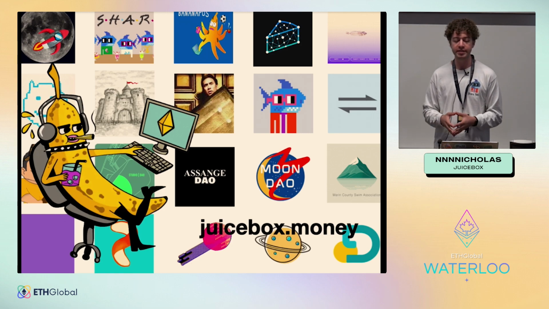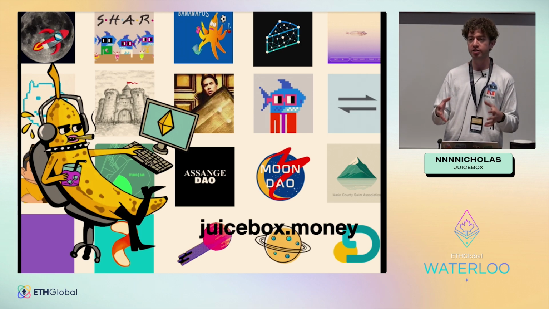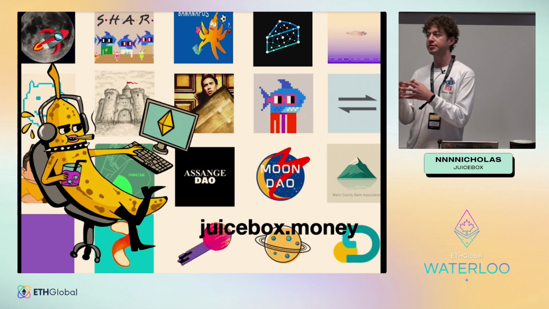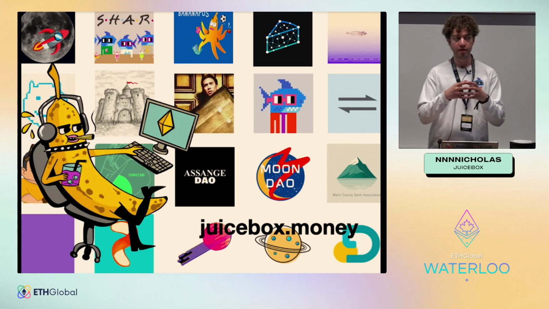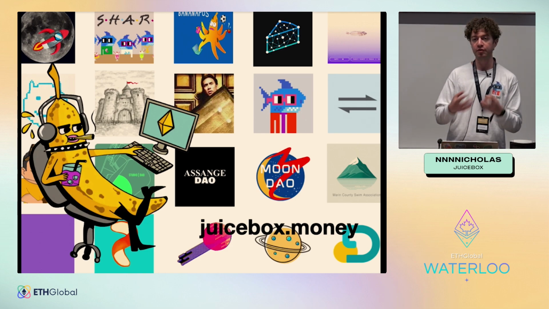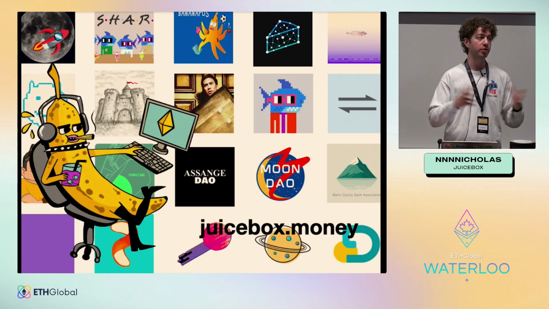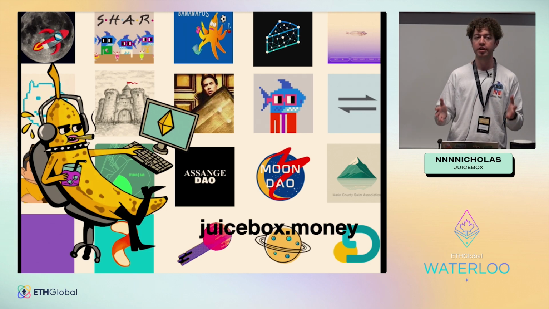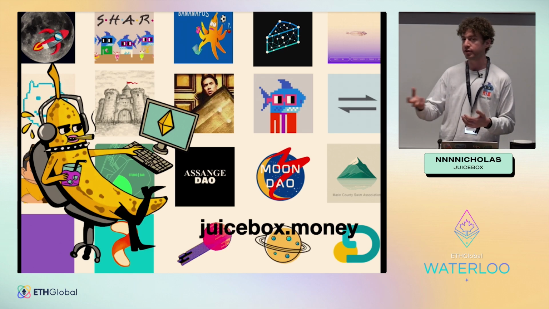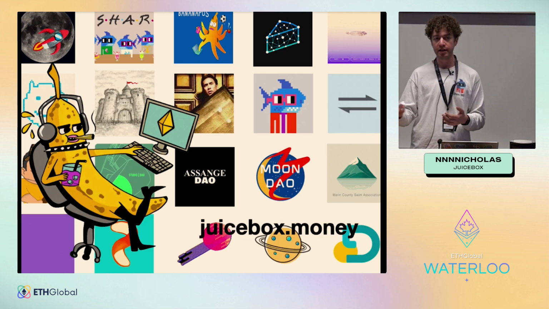The reason I mention this is because each Juicebox project is represented by an NFT. The owner of that NFT is able to configure the Juicebox project. And by this mechanism, Juiceboxes are composable with all kinds of governance and management systems. So for instance, you or I could create a Juicebox and hold it in our MetaMask, Rainbow, or other EOA wallet and control it that way.